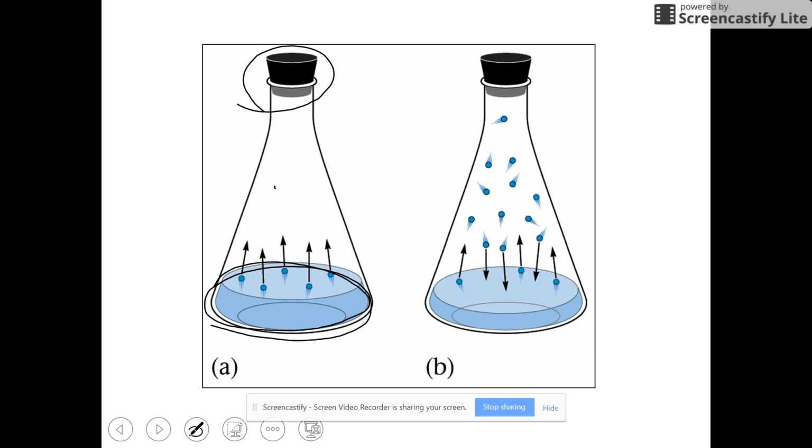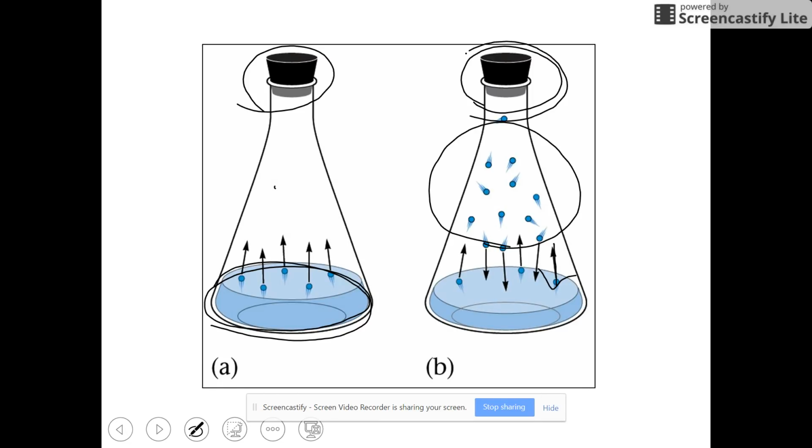Now, when they go to the gas phase like this, the water molecules will have nowhere to go because this is a closed container. Eventually, they will have to condense back into the liquid phase. Some, not all of them, will condense back to liquid phase.